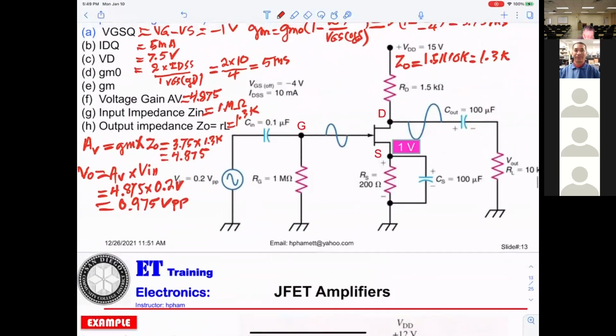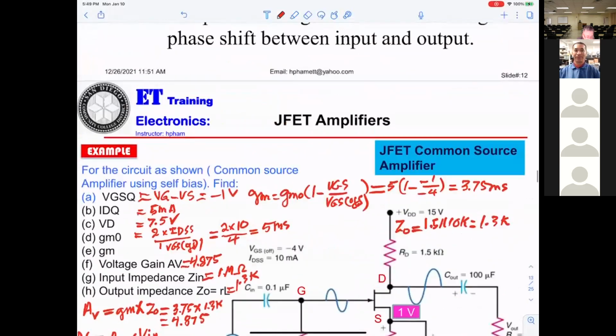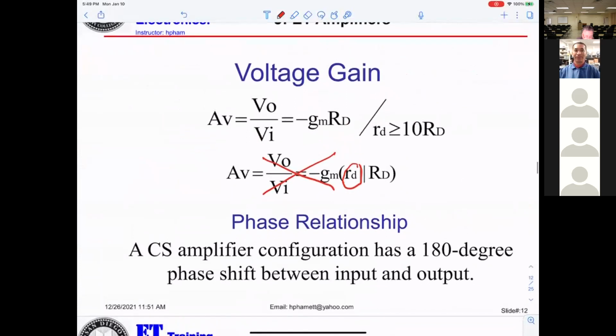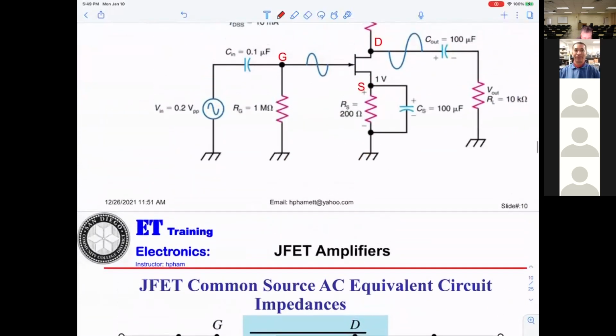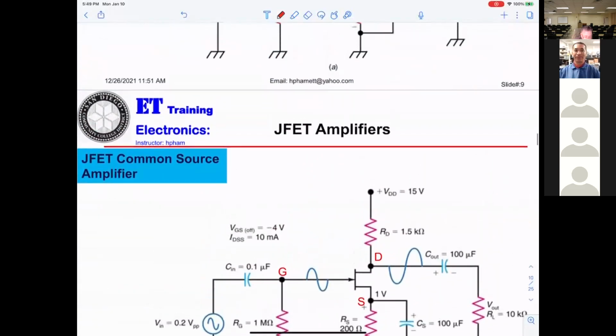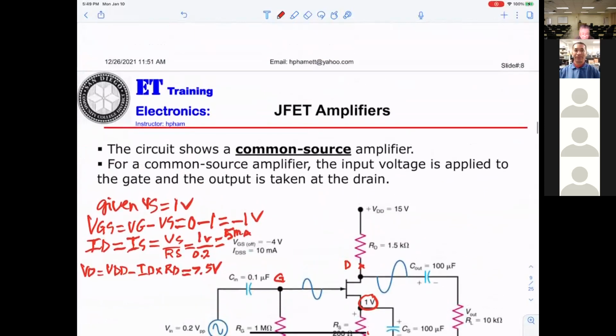Okay, so we try to finish that today. We already talked about the JFET amplifier. The first one we want to talk about is the common source amplifier.